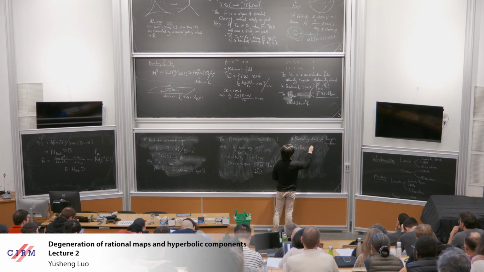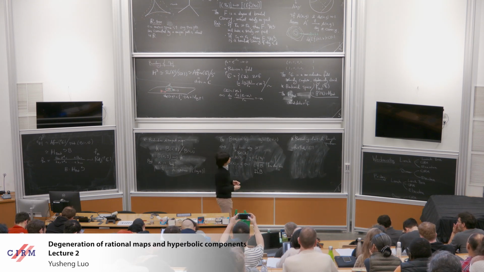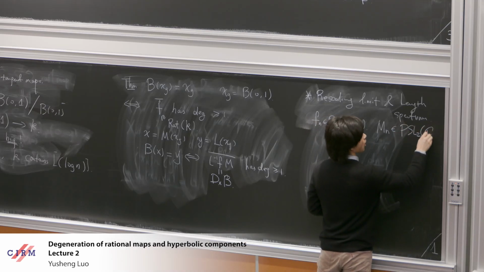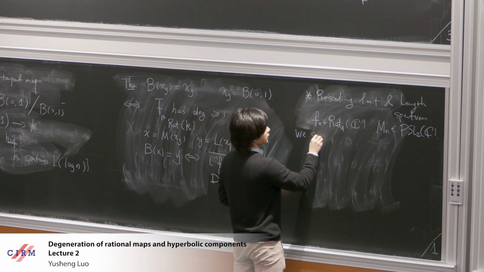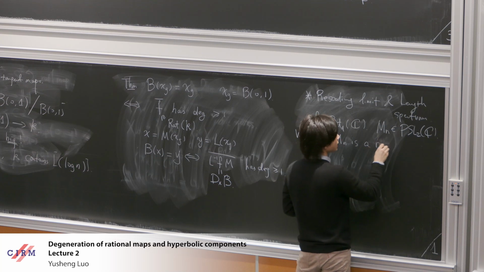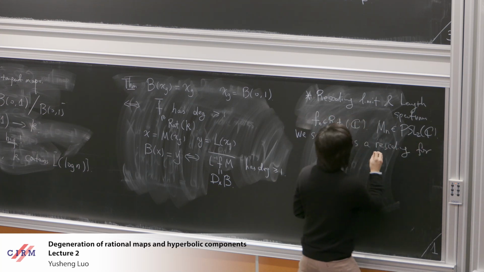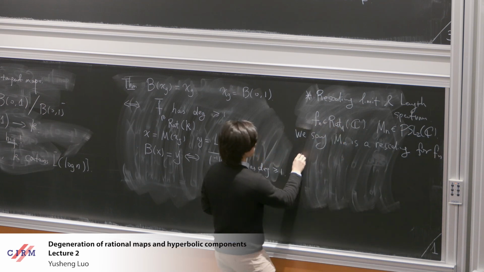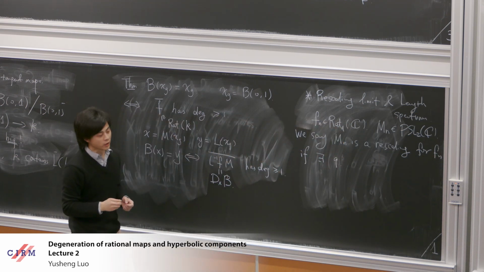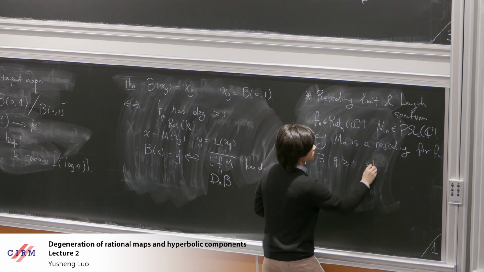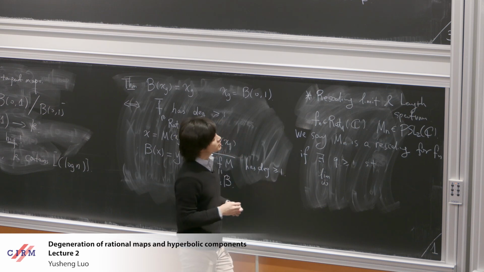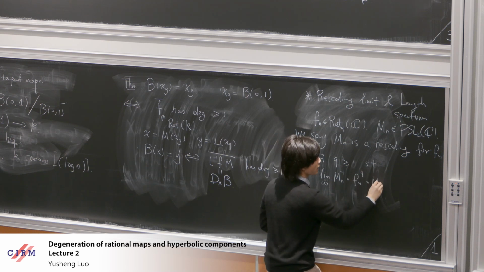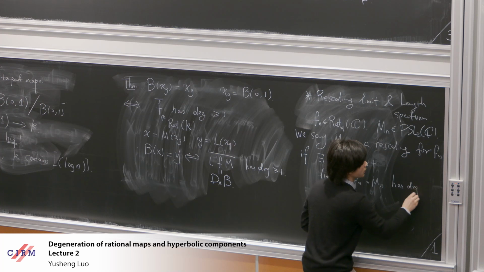Here you have a sequence of rational maps with coefficients in C, and Mn is a sequence of Mobius transformations, and we say Mn is a rescaling for Fn if there exists some q, which is an integer greater or equal to 1, such that when we take the limit of Mn inverse composed with Fn to the qth iterate composed with Mn, this has degree greater or equal to 2.